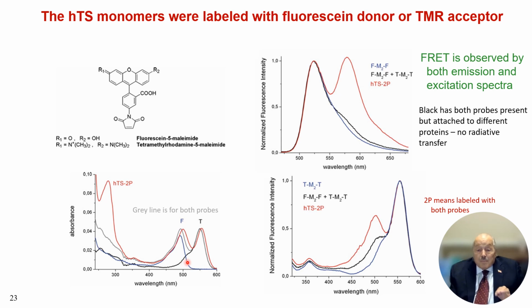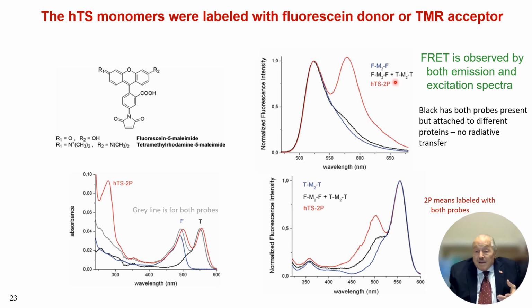But the problem with the experiment is that he wound up with a mixture of dimers. Some of the dimers were fluorescein labeled dimers, and in that case there's no energy transfer.